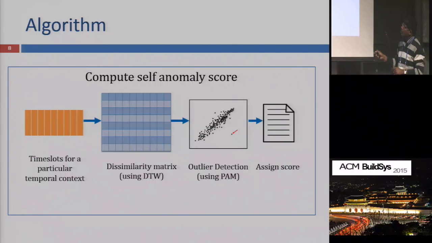Then we apply some outlier detection algorithms, so for each data point, it will assign a score. Among the scores, we can set some threshold to select the potential anomaly events, and those events can be given to the facility manager, who can look further into these anomalies. More details of this algorithm are given in the paper. For the sake of time, I'm not explaining all of this.